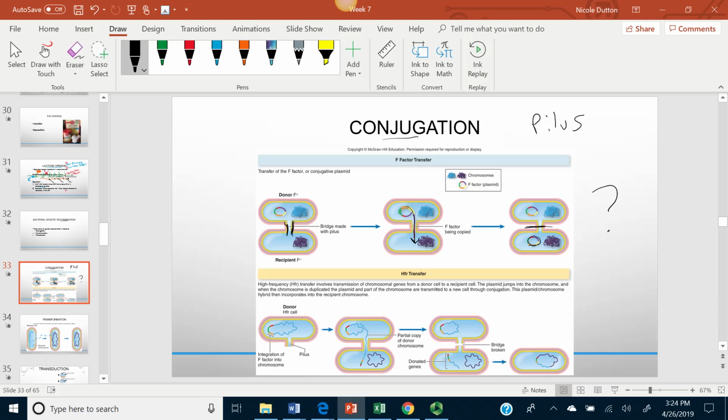So if there's a whole bunch of friends around me and the immune system is trying to eat me, I'm less likely to get eaten if there's a lot of other organisms around me. So the process of conjugation increases the genetic variability of the bacterial cells, but it's also beneficial in that it provides for safety in numbers. If you give them extra genes, they're going to survive better in the environment, and then you're going to have a larger colony.